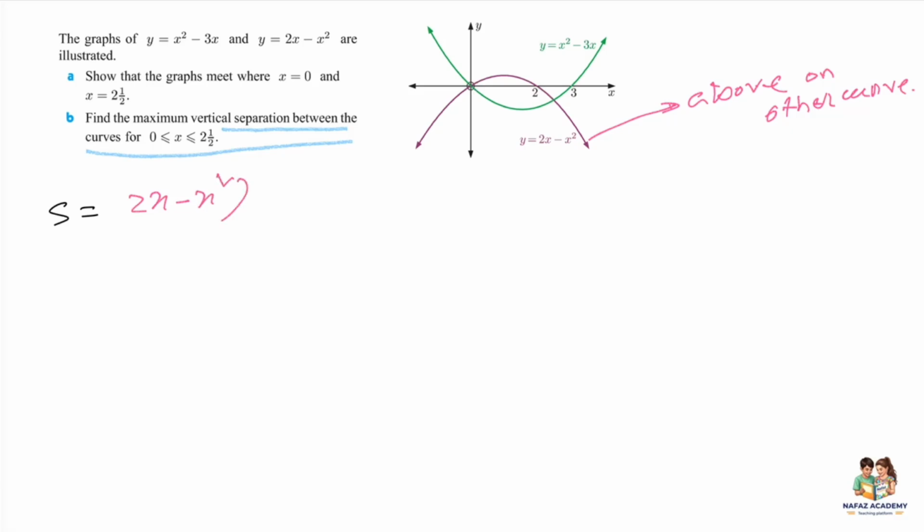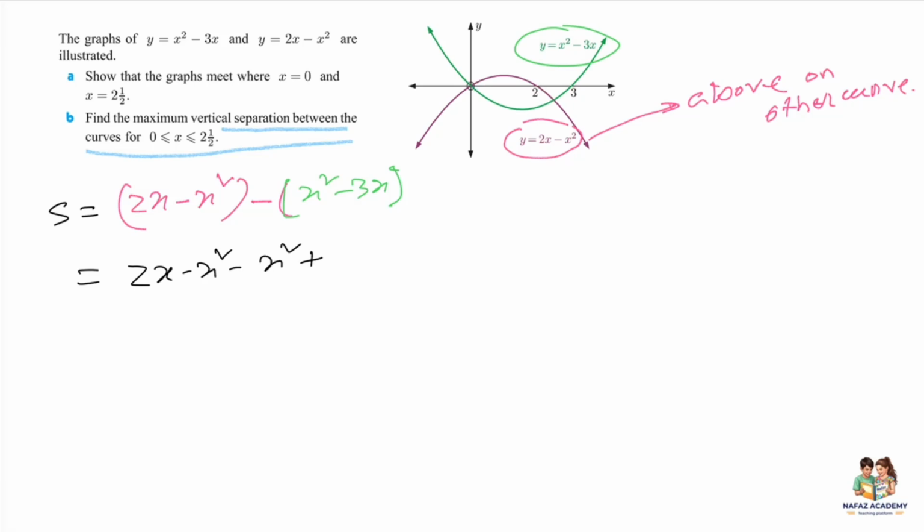So the above equation is 2x minus x squared, right? And the below equation, the green one, is x squared minus 3x. So 2x minus x squared plus 3x.